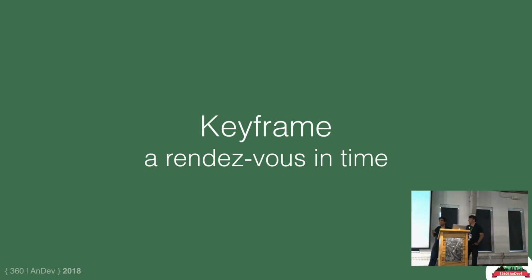So essentially, the way to think of keyframes is it's going to specify a point in time and some piece of behavior or place, something that has to be at that point in time.